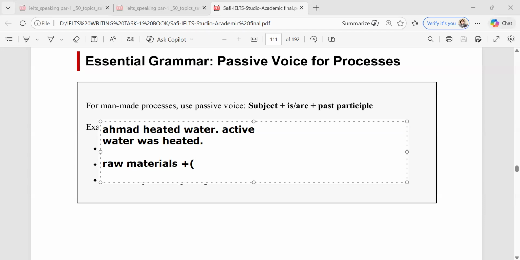In present, we use is or are. If the subject is singular, we use is. If it's plural, we use are. For the past, just change to was and were. If it's singular, use was. If it's plural, use were. And in all passives, we use the third form of the verb.